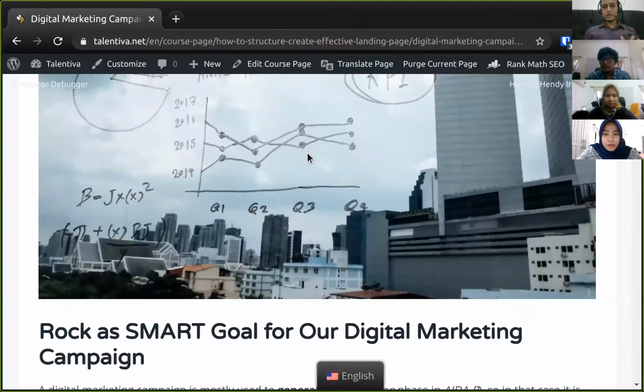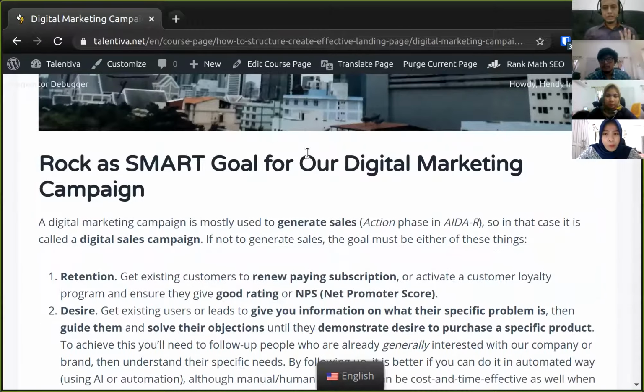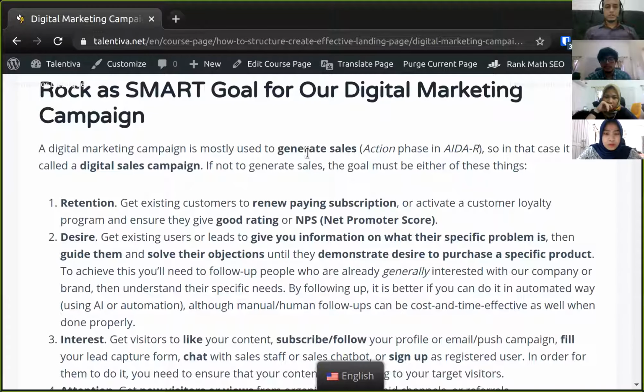So I call this ROC and scorecards. Before we launch a digital marketing campaign, first we need to decide what is the ROC. A ROC is a terminology from EOS, Entrepreneur Operating System, that we at Lovia use as the managerial framework of our company.